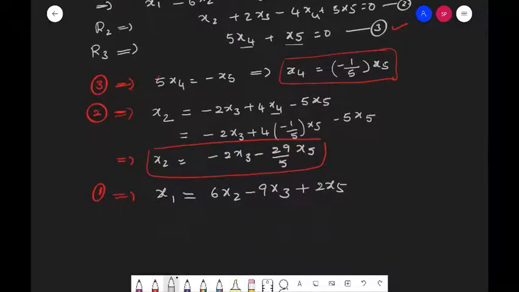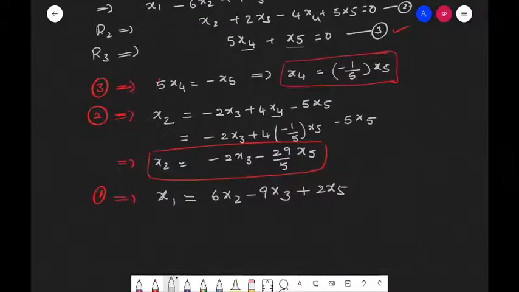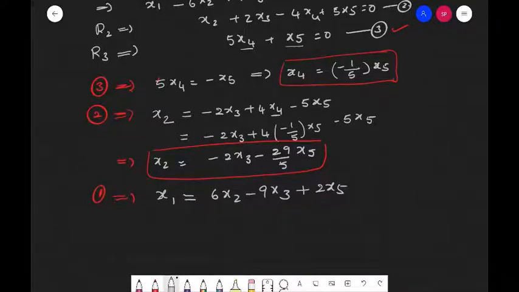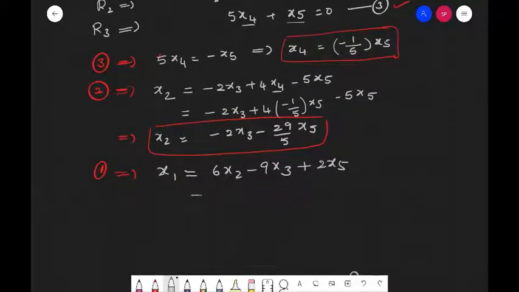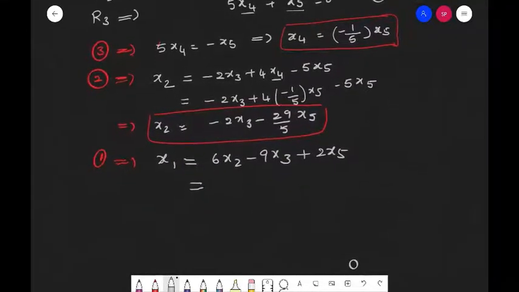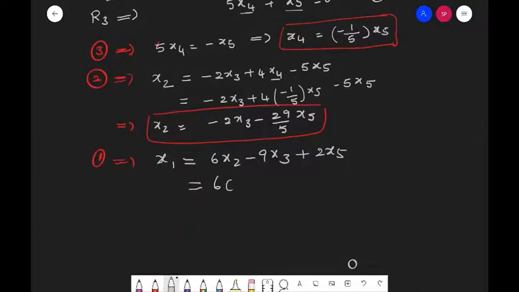Now in this I have already the other basic variable, x2, that we can substitute. So let us look here. What is the x2 value here? 6 into minus 2x3 minus 29 by 5 x5, and then minus 9x3 plus 2x5.